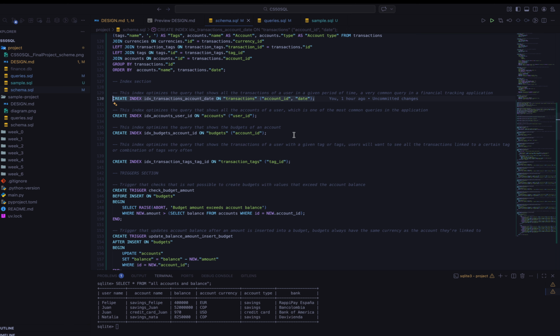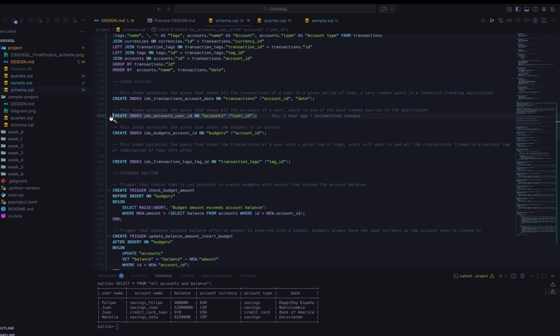Another common query is using tags. Let's say that you want to check how much money you spent last month on food. For that, you would query the database by filtering on the tag column. So that's why I also created an index for the tag attribute, or for the tag table. I also created some regarding the user ID.